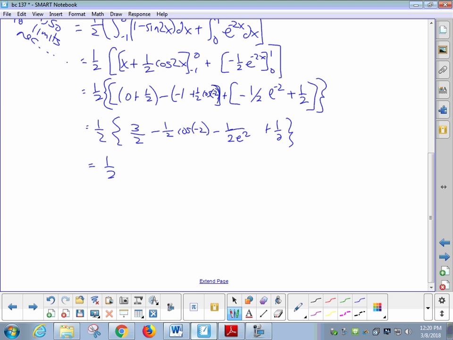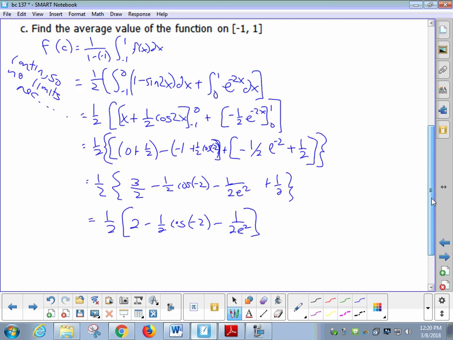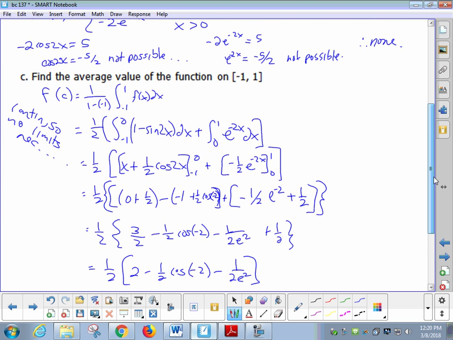So maybe 1/2 of 2 minus 1/2 cosine of -2 minus 1/2 e squared. How's that grab you? Sound good? Okay, something like that. You can see that would have been a bit of a time eater on the AP test, but it is what it is. Technically, if you left it stopped there, you would have been fine.